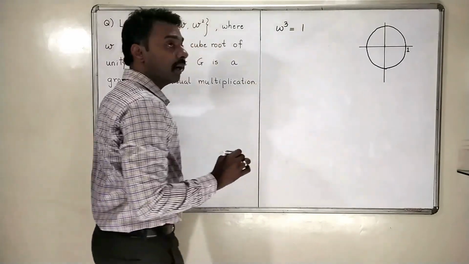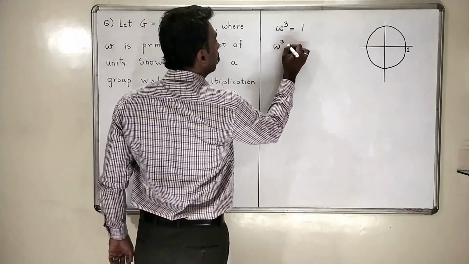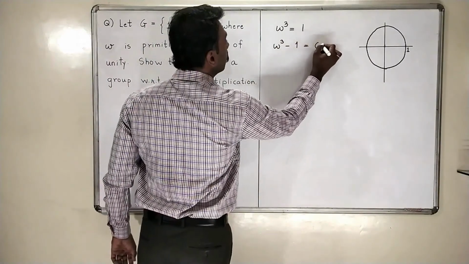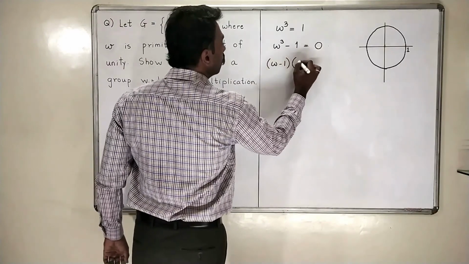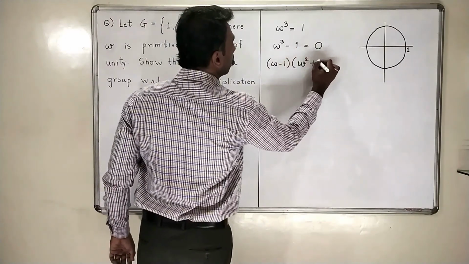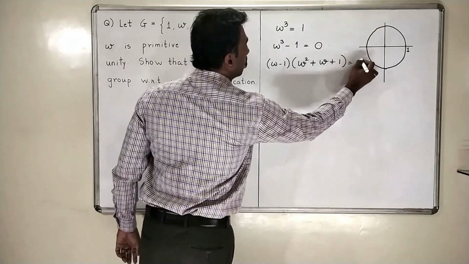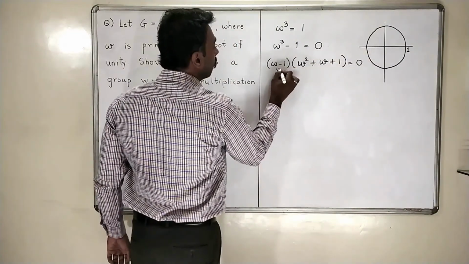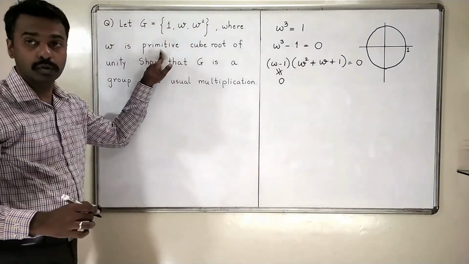that is because omega is the cube root of unity. So omega cube minus 1 is 0, and this factorizes into (omega minus 1)(omega square plus omega plus 1) equal to 0. Now omega minus 1 is not equal to 0 because omega is a primitive cube root of unity.